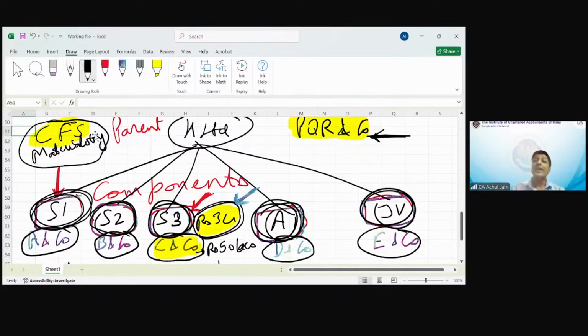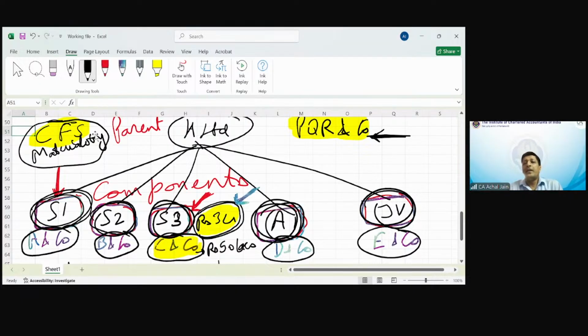Further, if there are any reporting implications which S1 has planned, let's suppose S1 plans to qualify the financial statements, all of these things need to be assessed by the parent auditor. If S1 has qualified the financial statements of A&E company, then PQR will assess at the consolidated level whether that qualification is important at the group level or not.